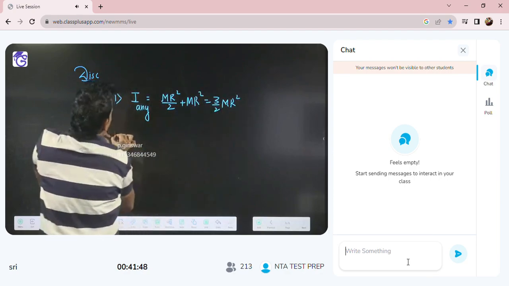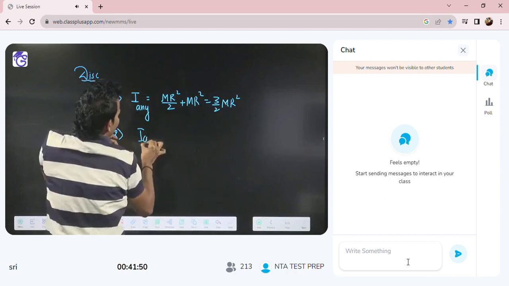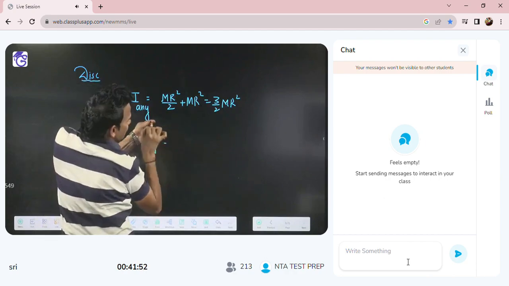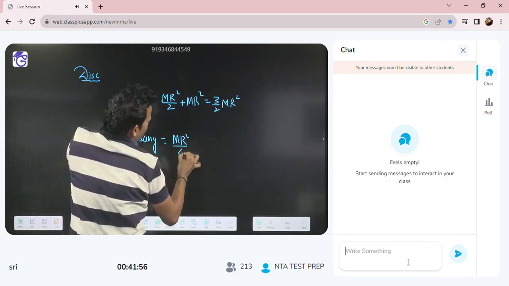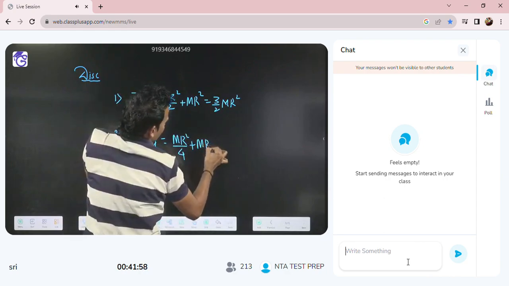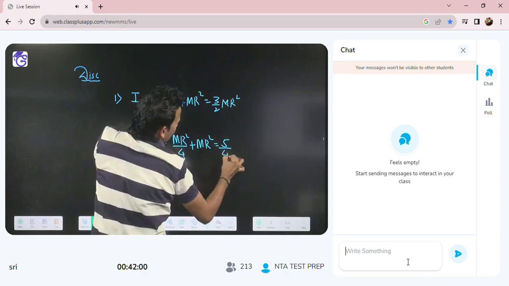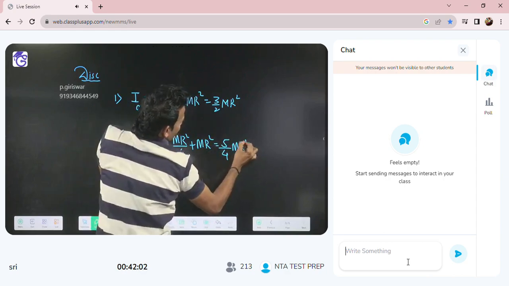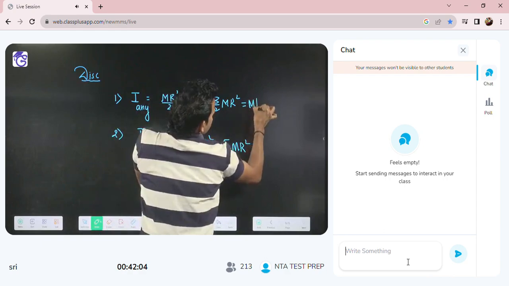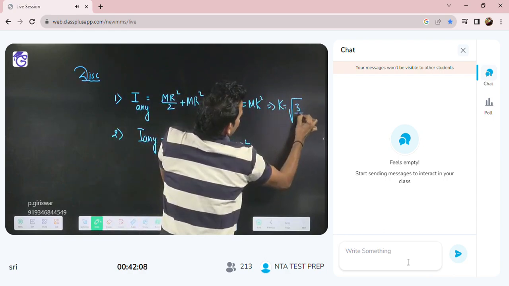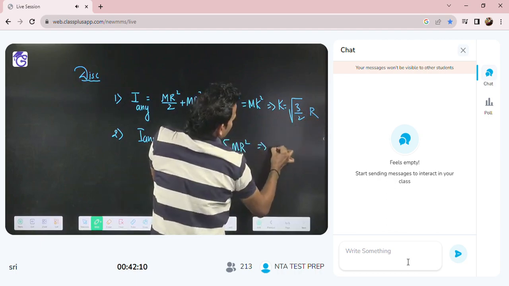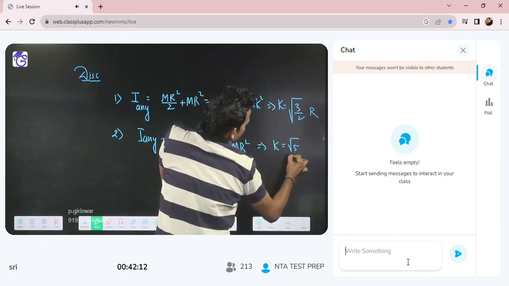The second one is tangent in the plane, so I_CM will also be in the plane, that is MR square by 4 plus MR square, which gives 5 by 4 MR square. If anyone asks you radius of gyration, equate it to MK square. Here K will come under root of 3 by 2 R, and here K will come under root of 5 by 2 R.